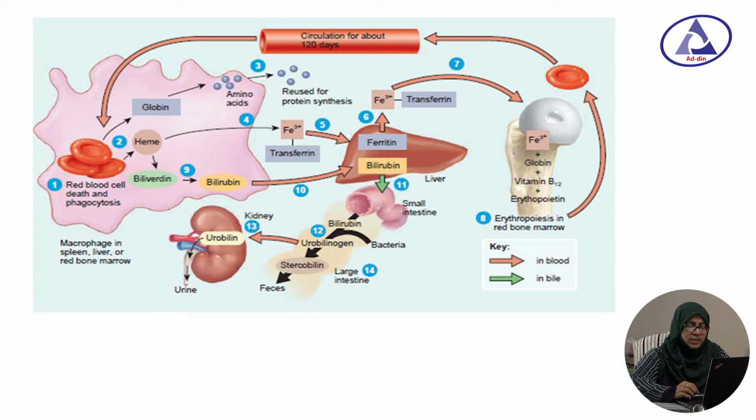Here, with bacterial action, it becomes urobilinogen, and from there it enters the circulation, some reabsorption occurs and goes to the kidney and is excreted as urobilin, and the rest of the urobilinogen is excreted through the stool as stercobilin with the feces. So as a whole this figure shows the fate of RBC.